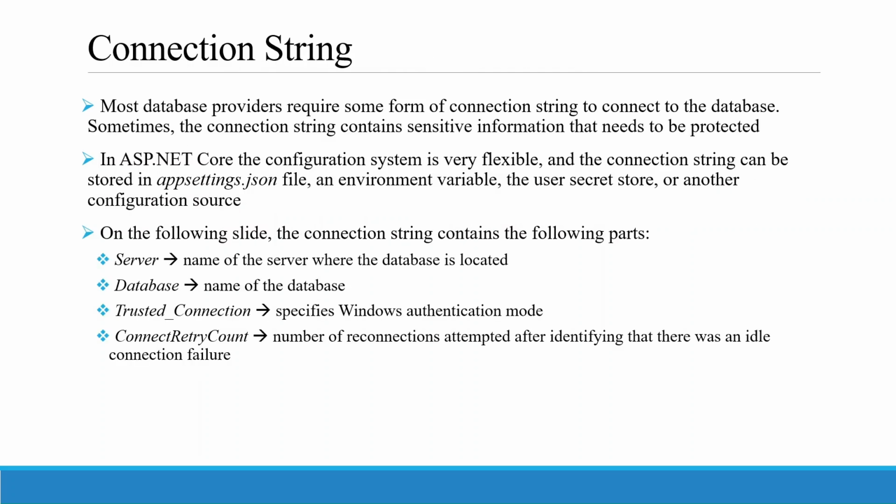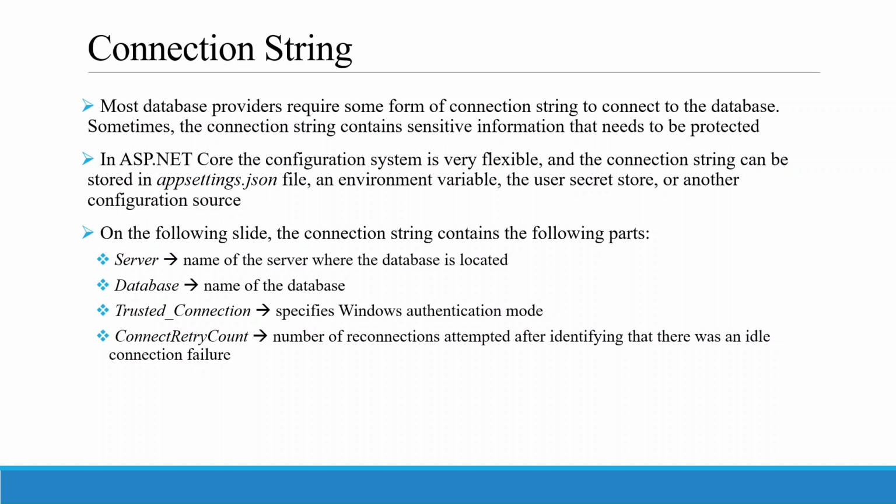Most database providers require some form of connection string to connect to the database. Basically, the connection string takes care of defining the connection to the database. Sometimes this connection string contains sensitive information that needs to be protected. We don't want anyone to know the database that we are connecting to.